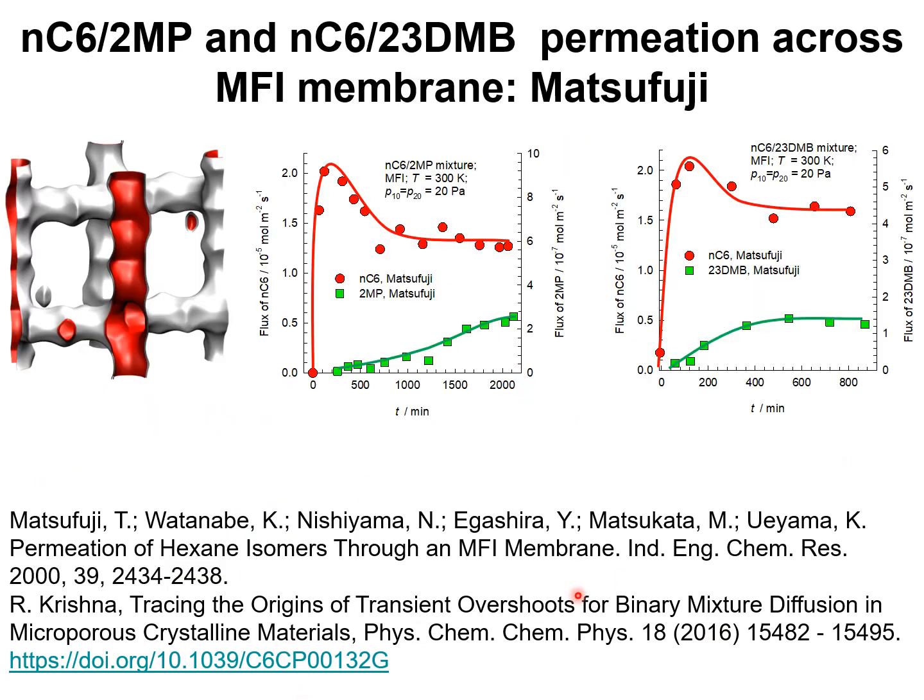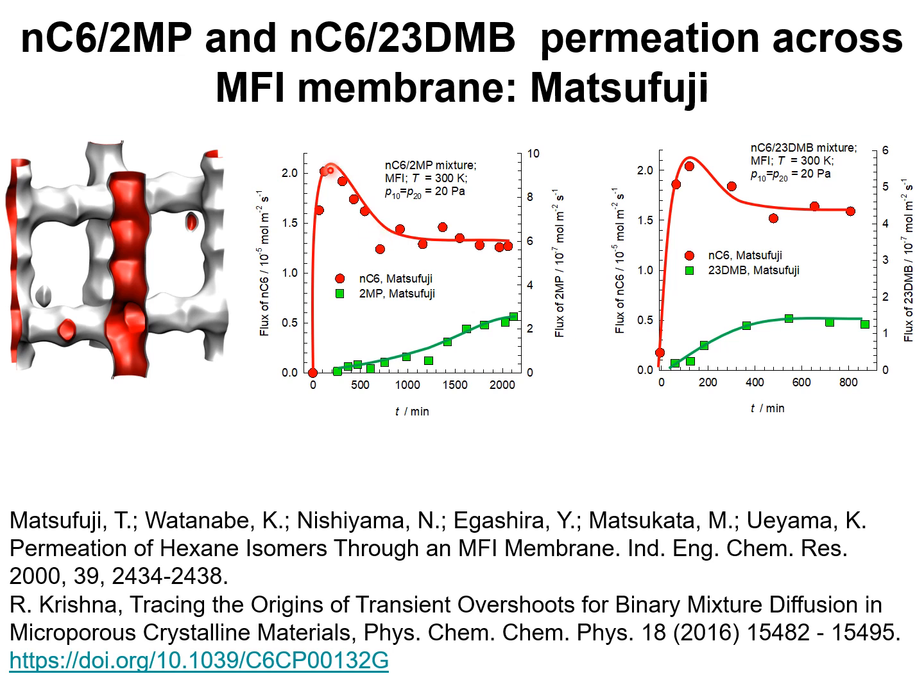In a paper published in Industrial Engineering Chemistry Research in 2000, Matsufuji published experimental data on transient permeation of mixtures of normal hexane and 2-methylpentane across an MFI membrane, shown here. We note that during the early transients, normal hexane shows a pronounced overshoot in its flux.